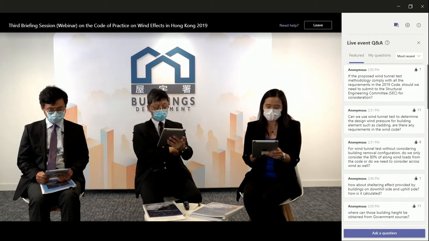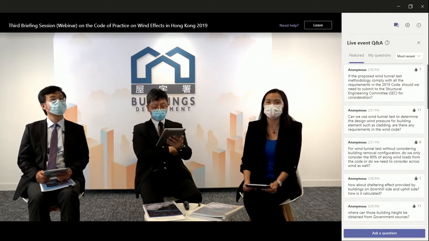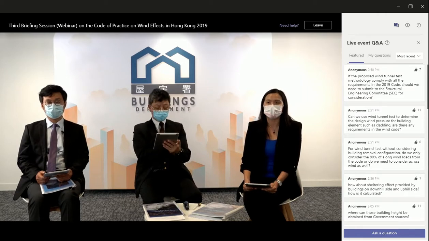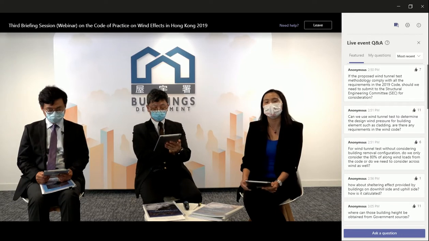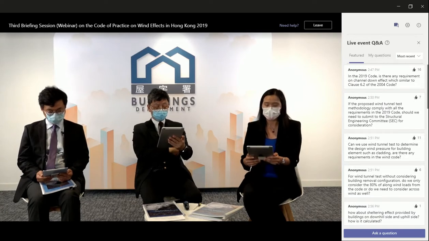The next question is, where can those building heights be obtained from the government source? Okay. Actually, in the Lands Department, there are many maps available in digital formats. In this map, you can know the coordinates and the building heights and building shape of these buildings. So we welcome the industry designer to use this map to calculate the sheltering effects on the proposed building of your project.